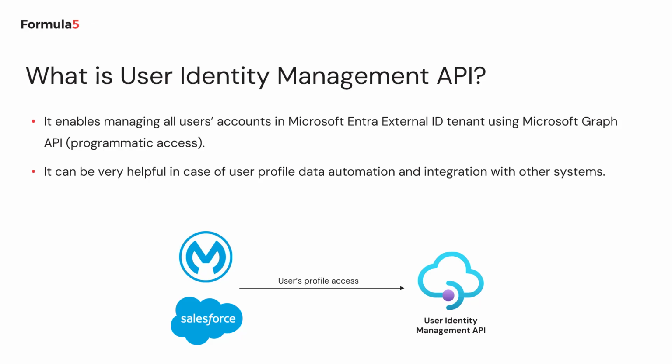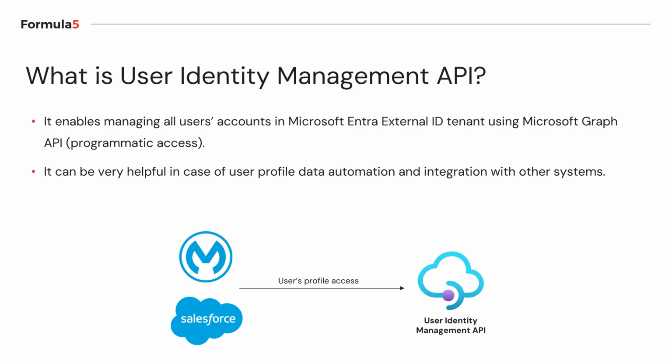So this is why we created User Identity Management API in External Identities Hub Architecture, to make sure that all external tools, platforms and systems like MuleSoft, Salesforce, and any other tool can securely access user accounts in the Entra External ID tenant.